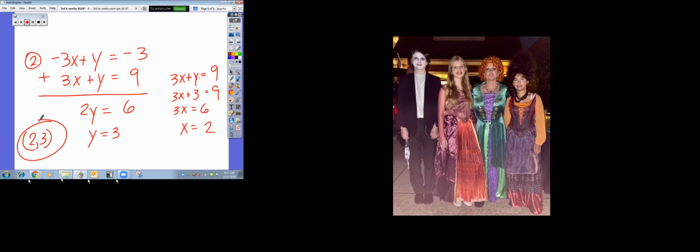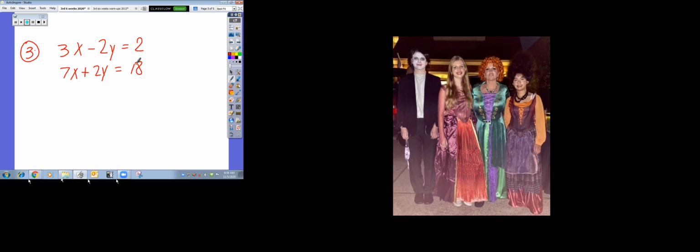Y'all like this better? Okay, you try this one. Number 3. 3x minus 2y equals 2. 7x plus 2y equals 18. So is this already rigged for addition to work here? How can you tell? The y's have exact opposite numbers as coefficients.